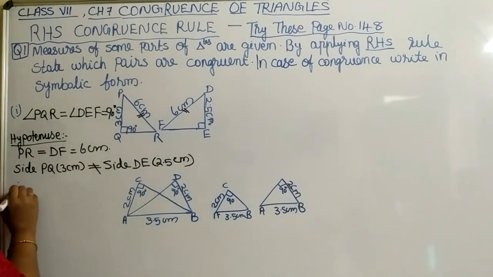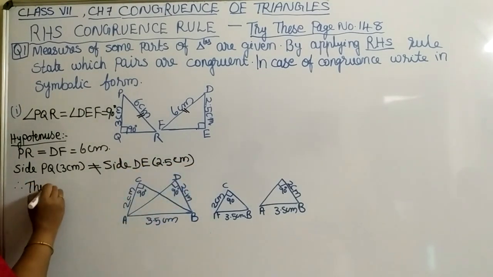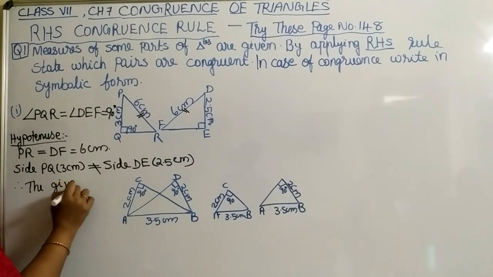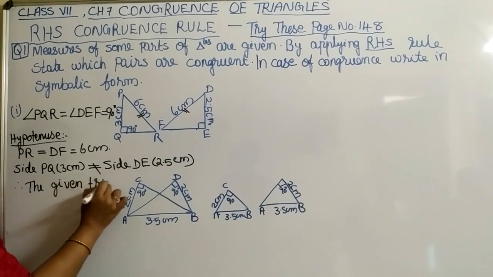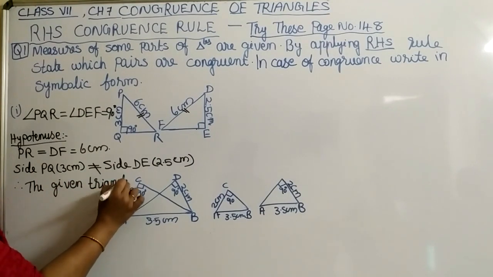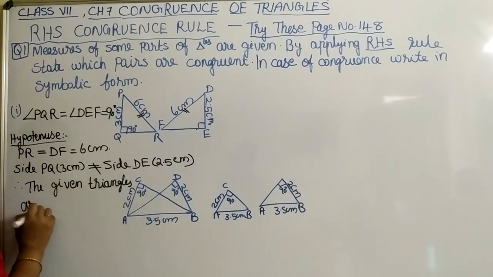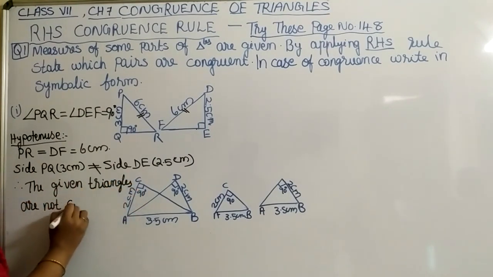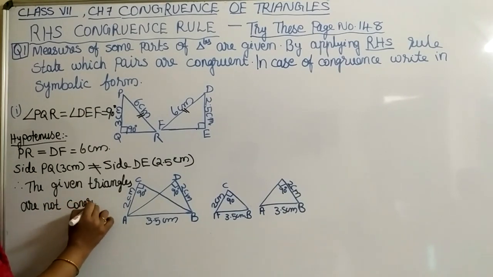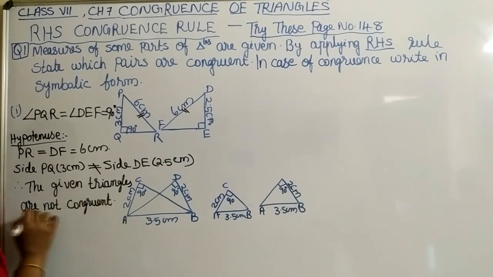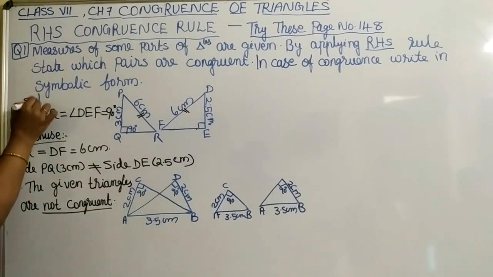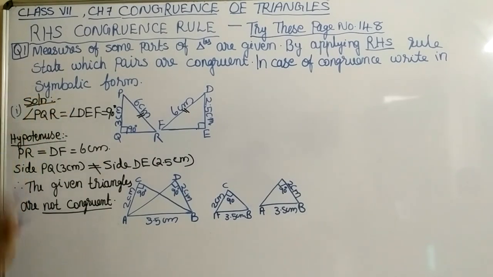Therefore, the given triangles are not congruent. The first one we have answered. So children, you should copy down this in the CW. Now we can move to the second question.